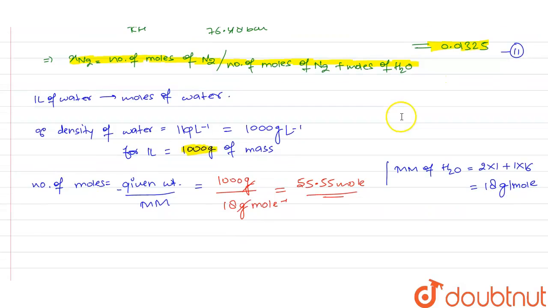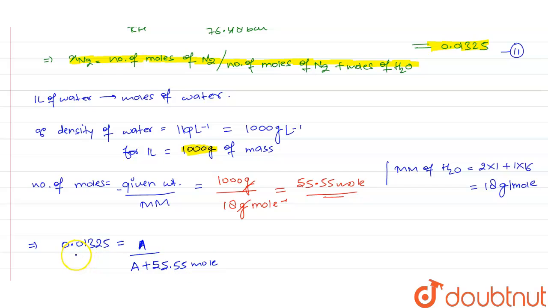Now putting all these values in this equation, which we can represent as equation number 2, we will get 0.01325 is equal to number of moles of N2, which we have to find, let it be A, divided by A plus number of moles of water, which is 55.55 mole.